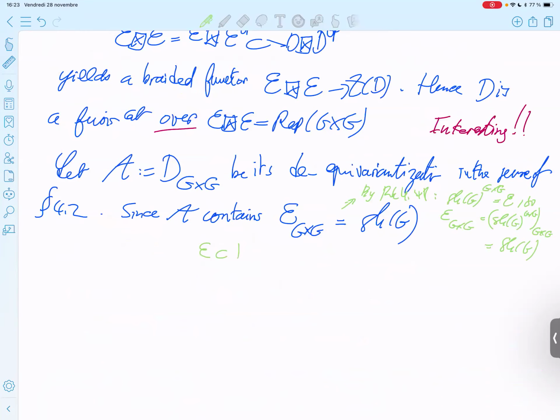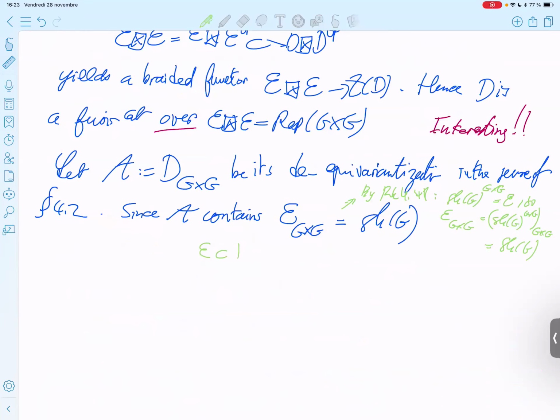So where are we in the proof? We are still in this proof. So here, this A, let me emphasize that this A is defined this way, for later. Okay, so you have that. So A contains the sheaf tensor category.